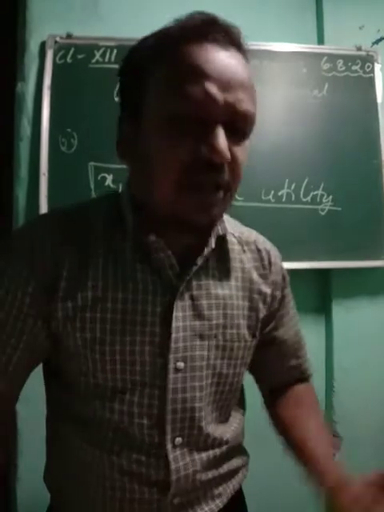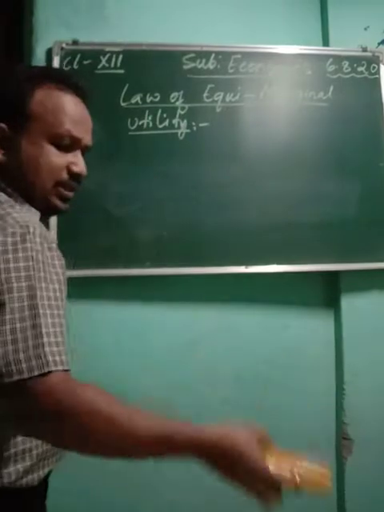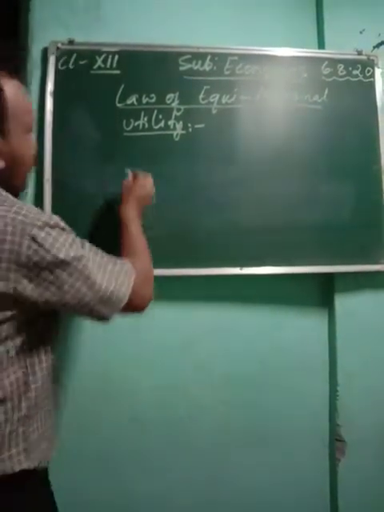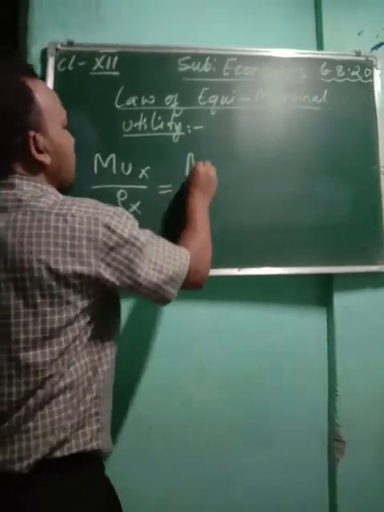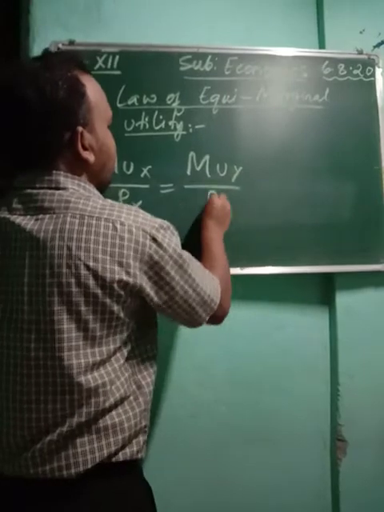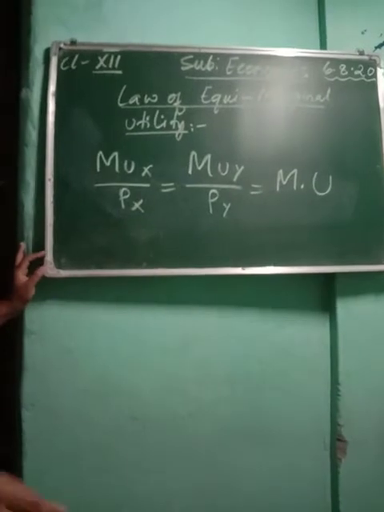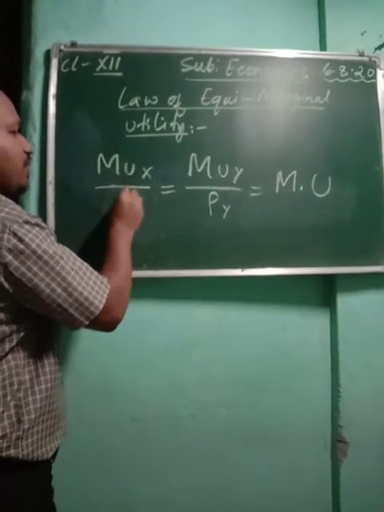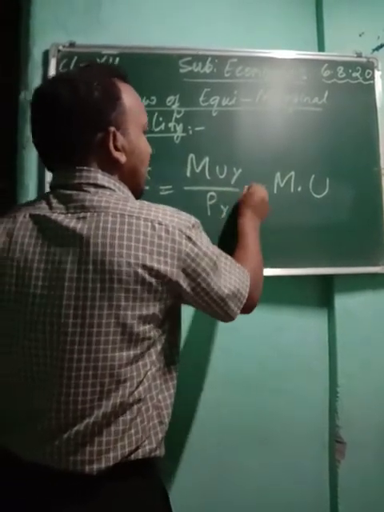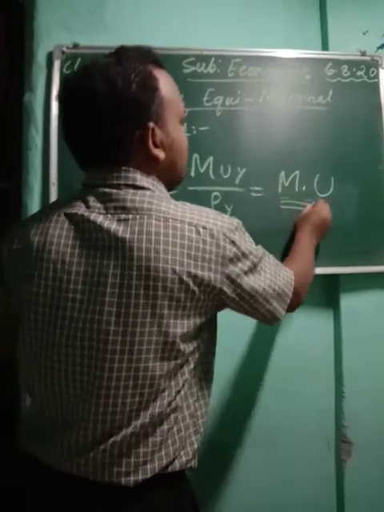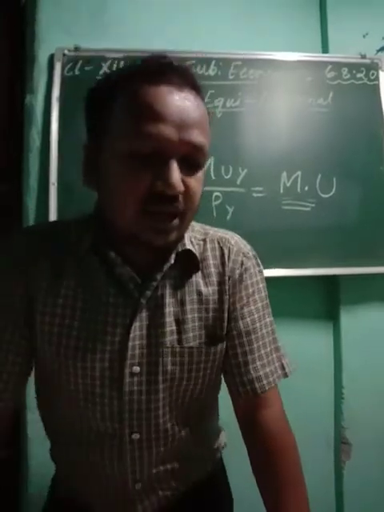was equal? So here also, a consumer will get maximum utility when marginal utility of X divided by price of X will be equal to marginal utility of Y divided by price of Y will be equal to marginal utility of money. So when we divide marginal utility of X with price of X, and marginal utility of Y with the price of Y, and they are equal, at that time the consumer is going to attain equal marginal utility.